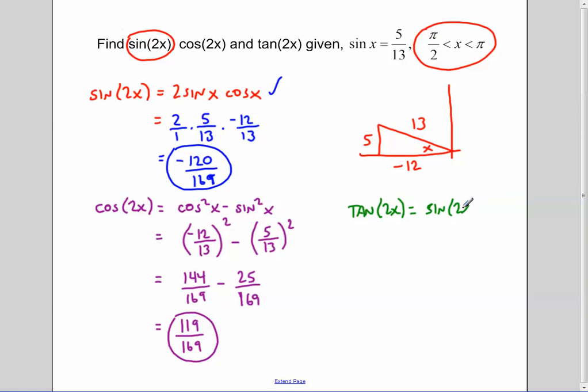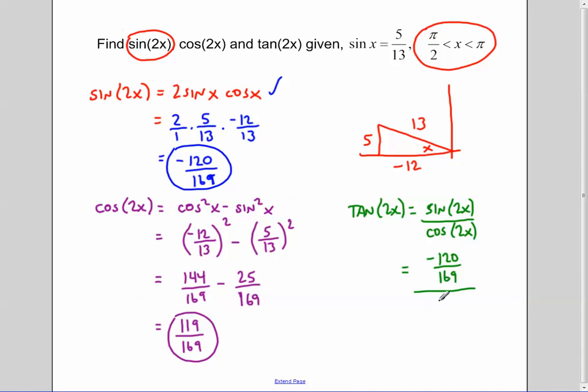Now, if you're wondering why, just think back. Remember that tangent is always sine over cosine. So the fact that I have a 2x there, that's okay. I'm still dividing sine and cosine. Okay, so my double angle of sine was negative 120 over 169. I always like to do a big fraction bar when I do this, just to make it a little more obvious where I'm separating the top from the bottom.